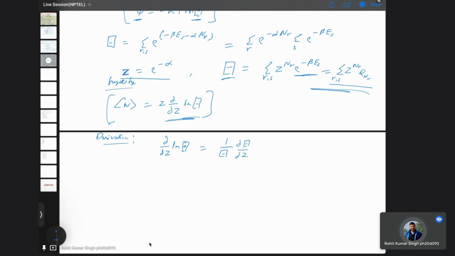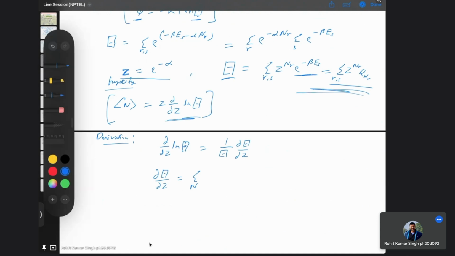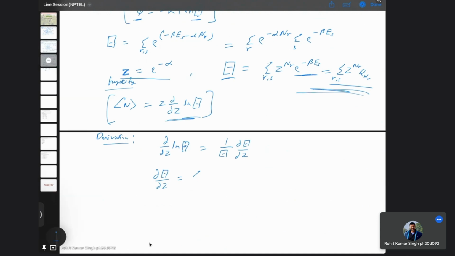Now the derivative of the grand partition function with respect to fugacity can be explicitly given by this. So I'm just taking the derivative of this with respect to z.